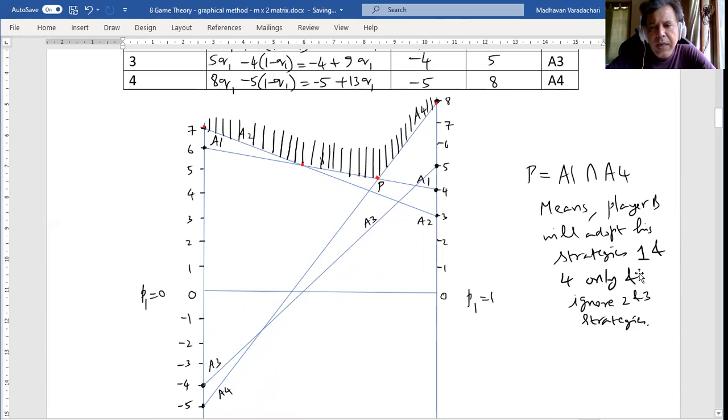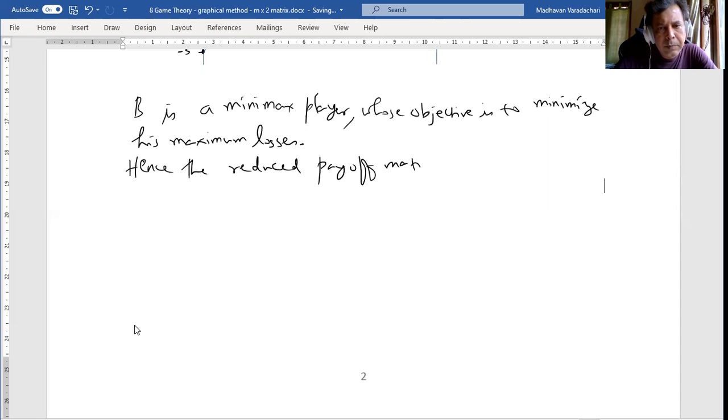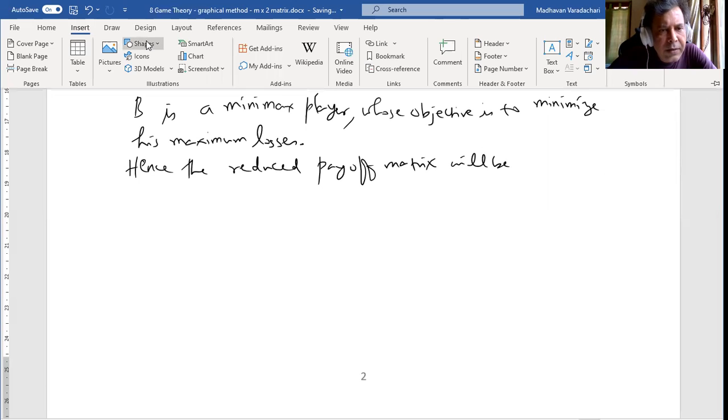Based on this, we can have a revised payoff matrix. Hence, the reduced payoff matrix will be a 2 by 2 matrix.